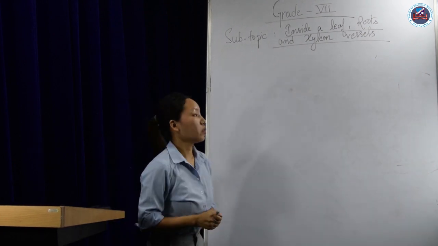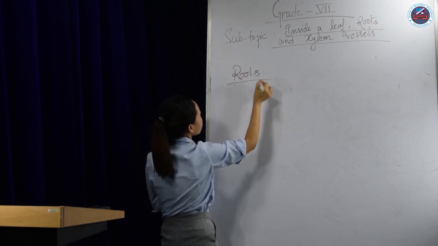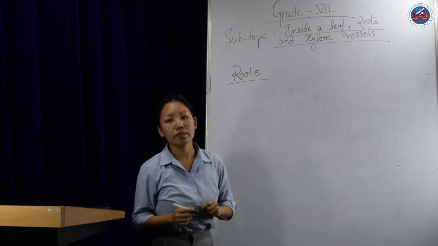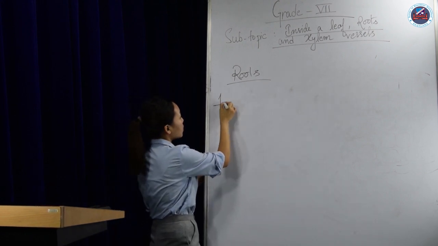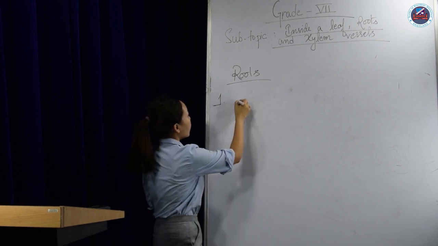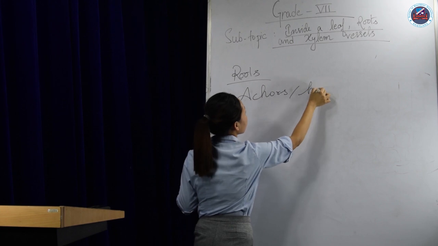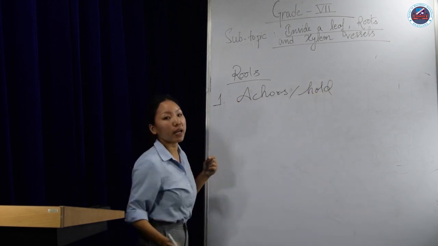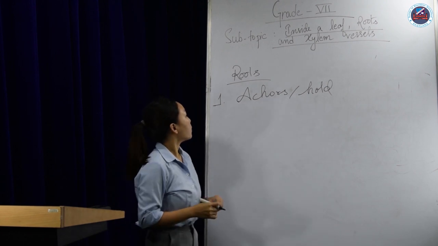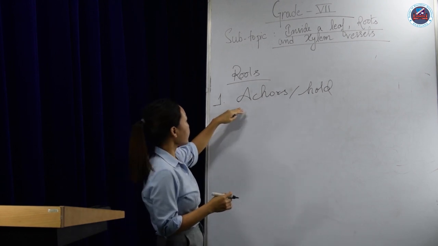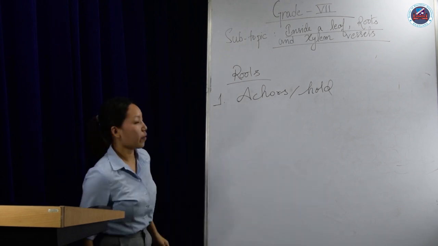We all know that roots are usually underground. So what are the functions of root? Roots mainly have three functions. First, it anchors or holds the plant in the ground, and it also gives support so the plant can stand upright.